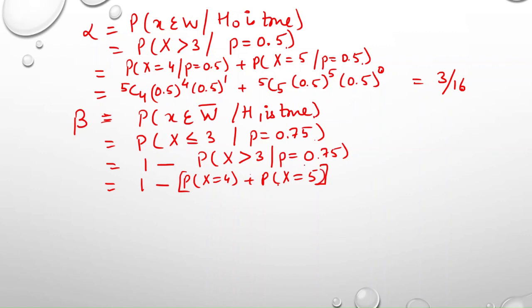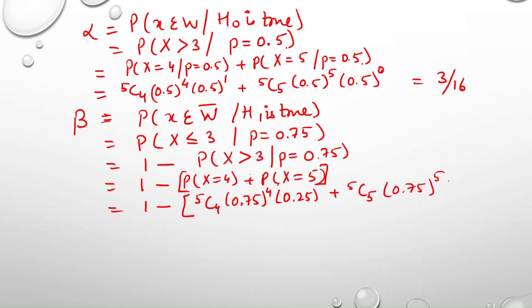It is different because here P is 0.75, above it is 0.5. So you need to calculate it again. 5C4, 0.75 to the power 4, 0.25, plus 5C5, 0.75 to the power 5, 0.25 to the power 0. So ultimately we are getting this as 47/128.